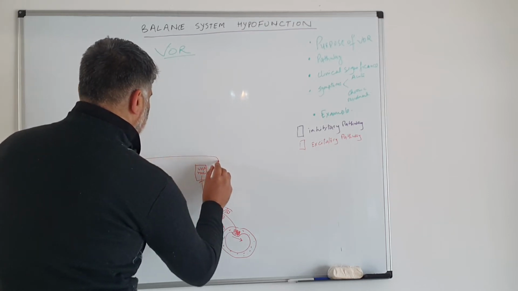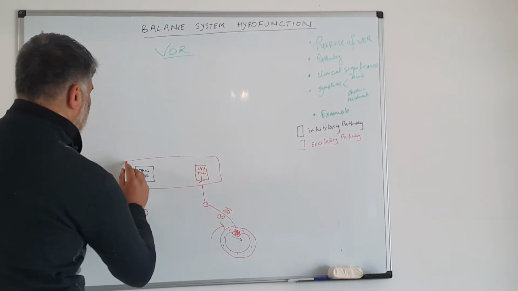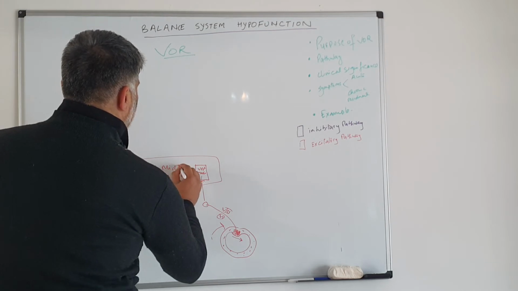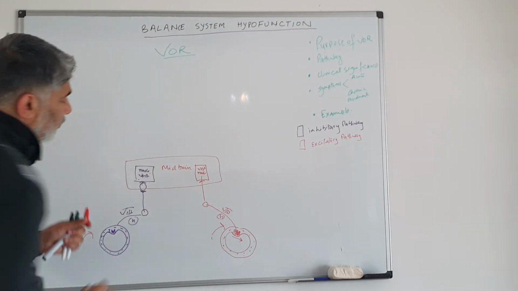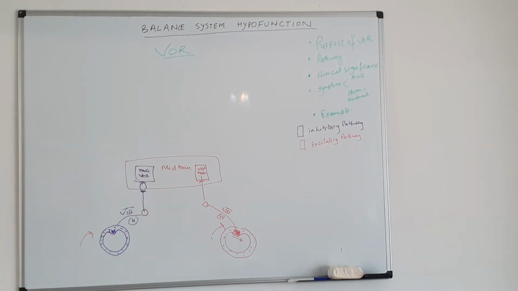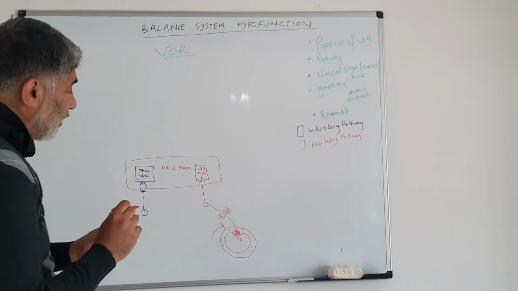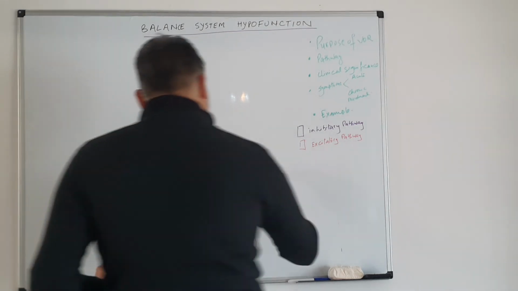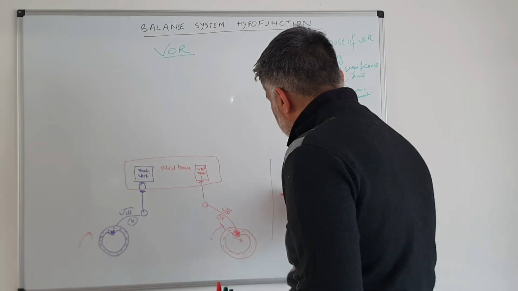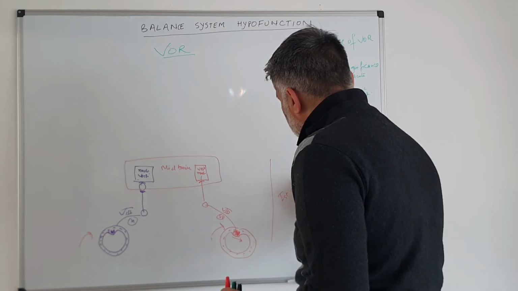So this whole region is your brainstem. Now, this is your first order neuron.